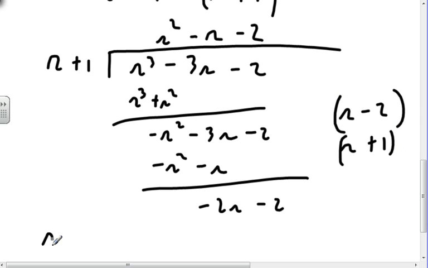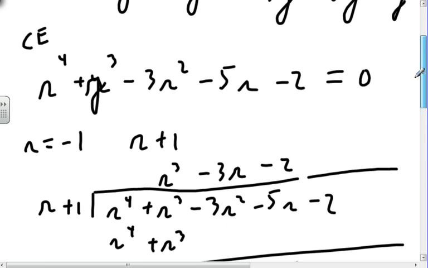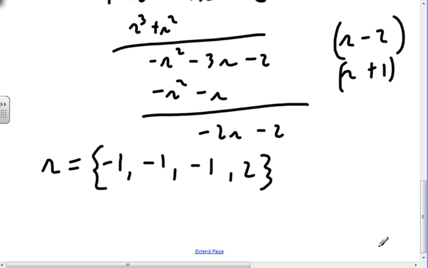So my roots become minus 1, minus 1, minus 1, and 2.